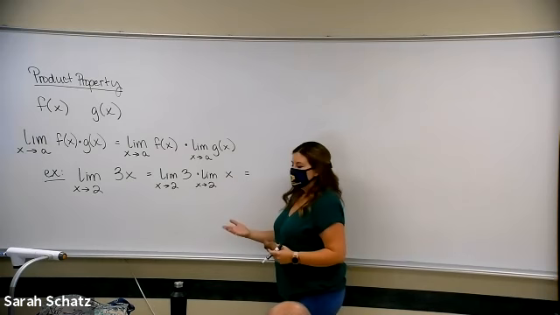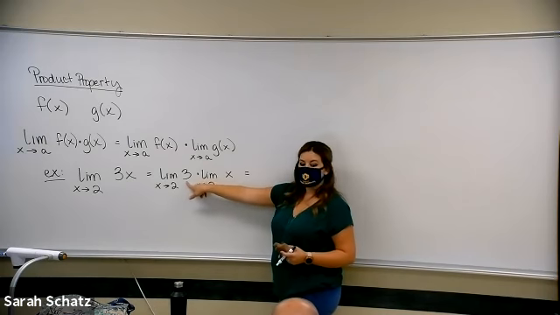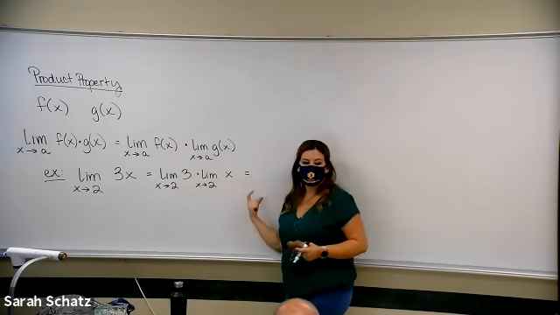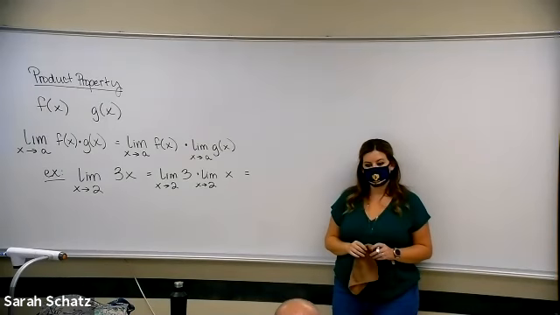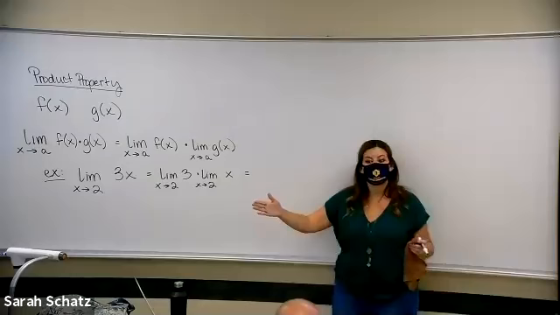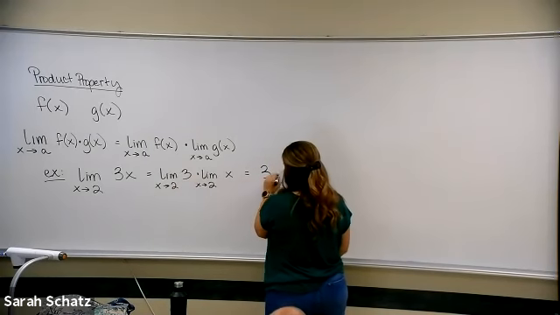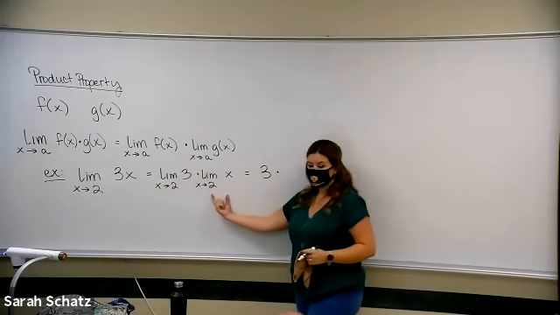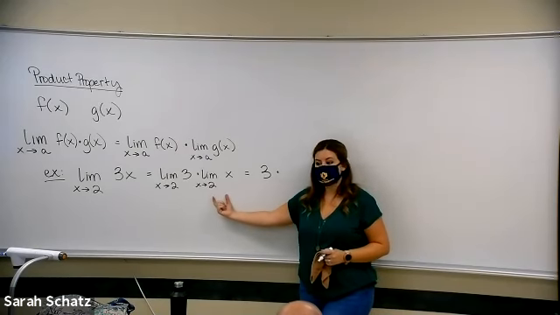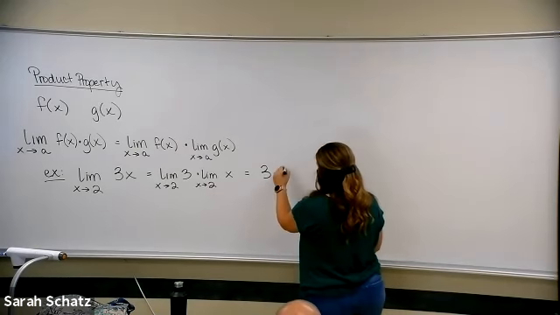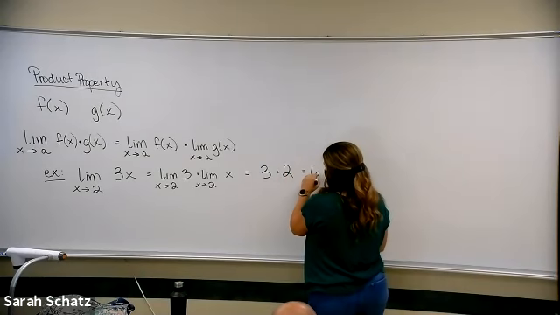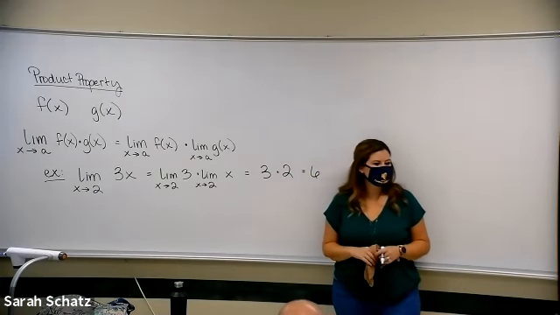Let's take the limit of the constant function 3 as x approaches 2. What is that answer? It's 3, right? Remember that function always equals 3. So it's going to be 3 times 2, right? The limit of x as x approaches 2 is 2. And I get a 6.